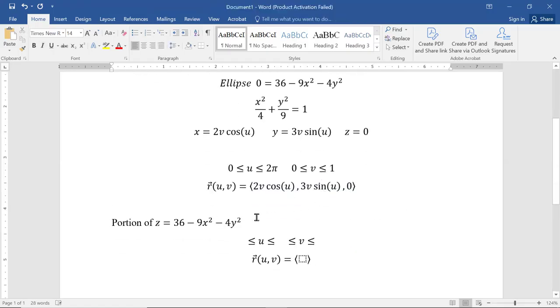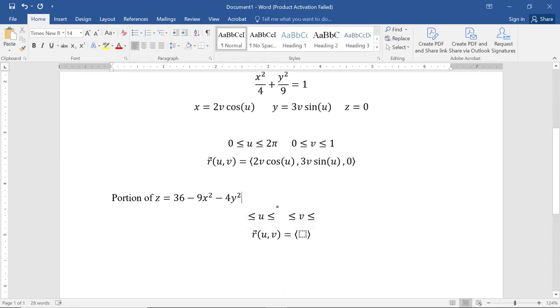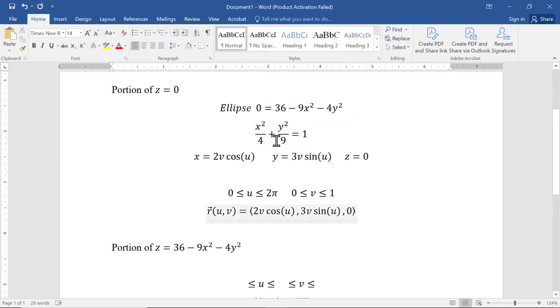Now, in a similar way, if I'm looking at the portion of this paraboloid, it's consecutive ellipses, just like this was consecutive ellipses, but just at different heights.